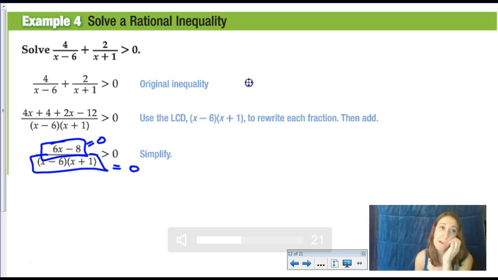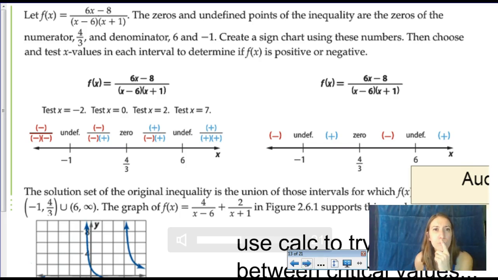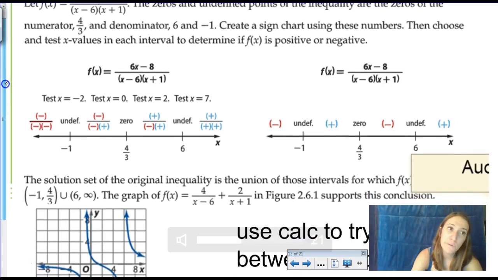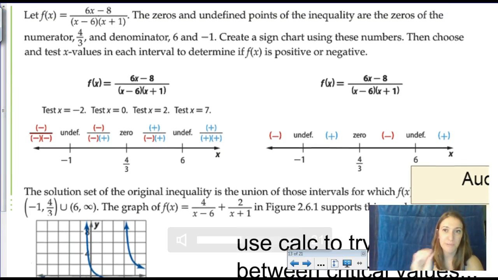All right, so here, I think the next screen. Lovely. All right, so we're going to take that new form of our rational equation, the one that's all simplified together into one fraction. And it says, notice that if you set your numerator equal to 0, you get 4/3 as your x-intercept.